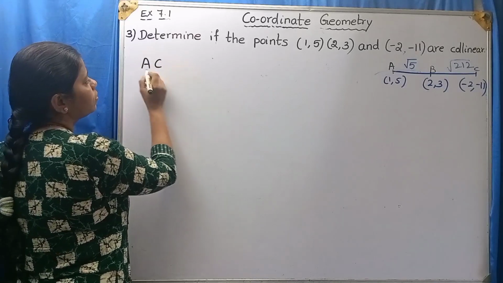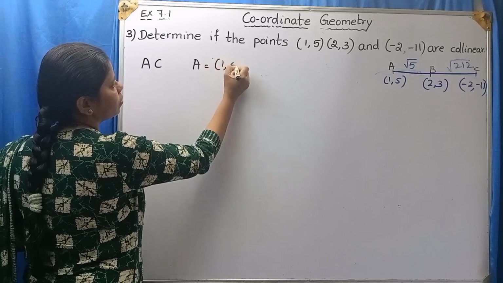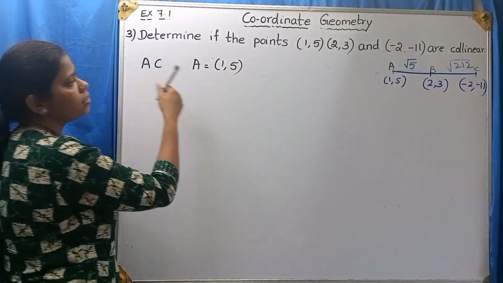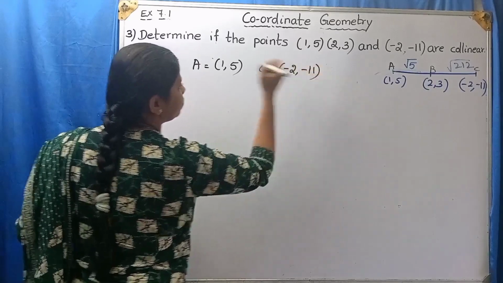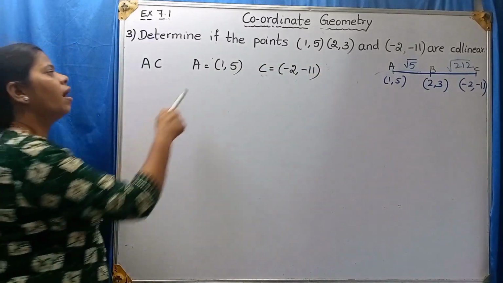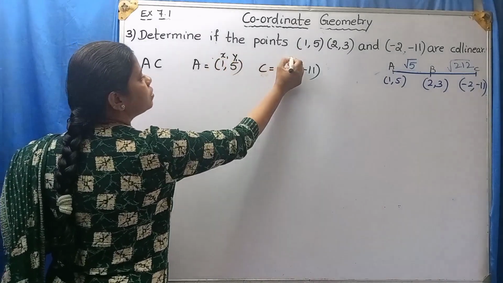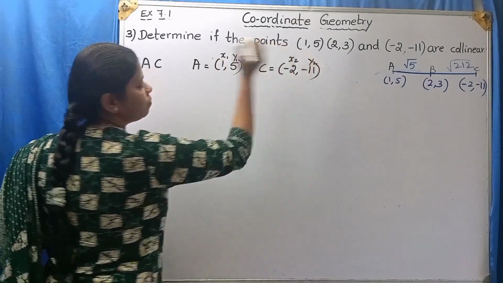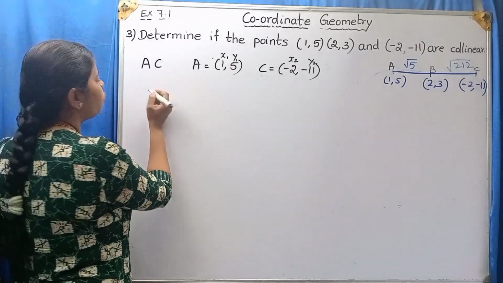AC is equal to, the coordinates of A is what? 1, 5. And the coordinate of C is minus 2, minus 11. And this is our x1 and this is our y1. This is our x2 and this is our y2. Let us find out the distance between them by using the distance formula.